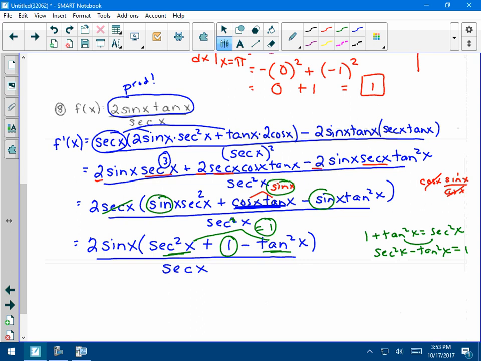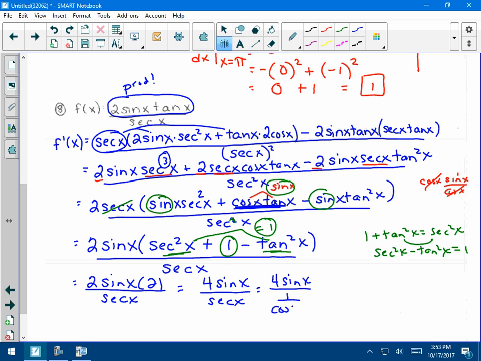So this whole piece becomes 2 sine x times 2 over secant of x, which is really 4 sine of x over secant of x. But what's secant? Secant's really 1 over cosine. So this is 4 sine of x over 1 over cosine of x. And finally, I can complex fraction that. 4 sine x cosine x.